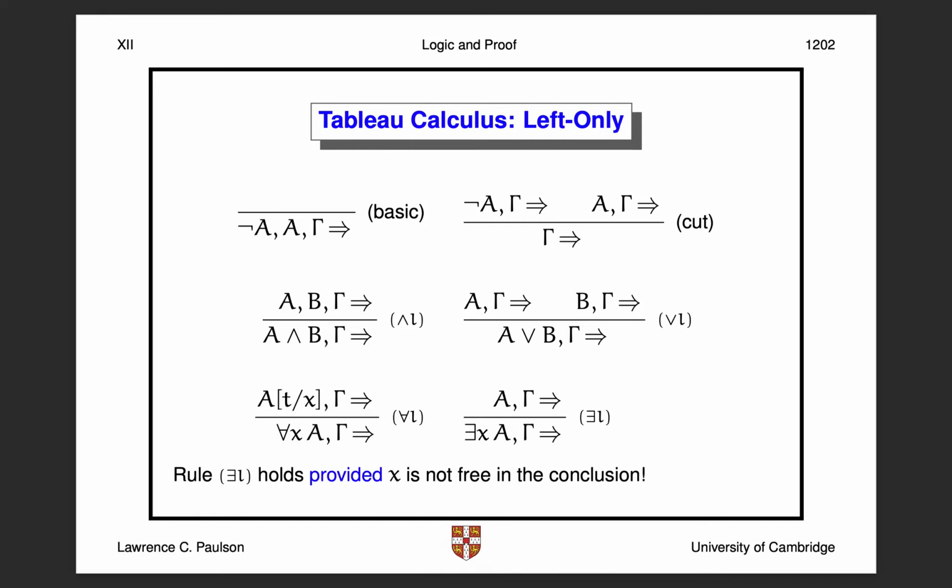Actually, rather more significant is the point that, as I just said, the formula A, the so-called cut formula, can only be atomic, which is a hint to me at least that in this particular calculus the cut rule is completely useless.